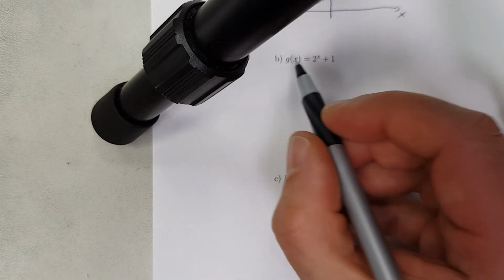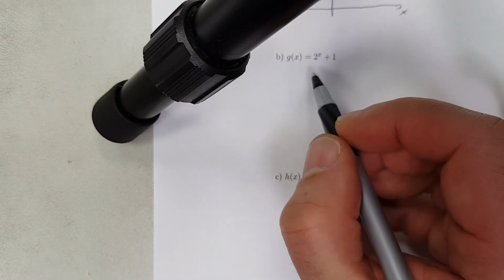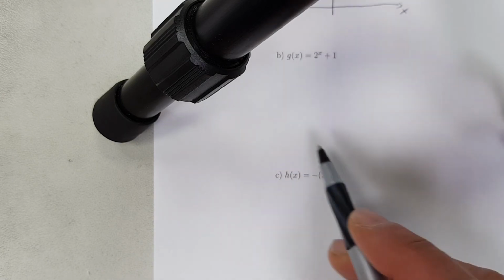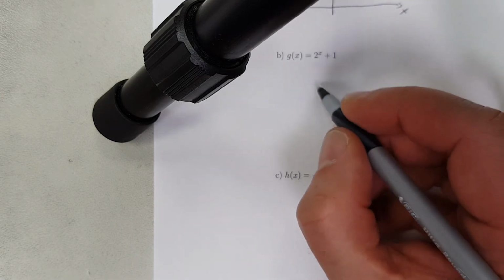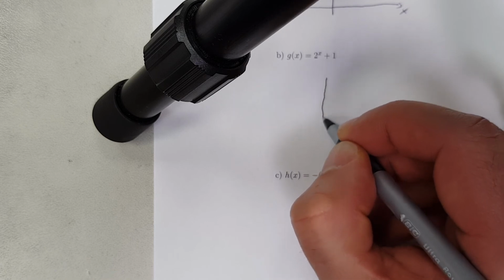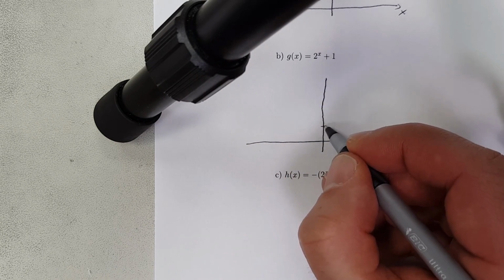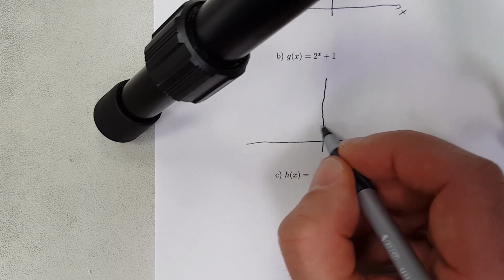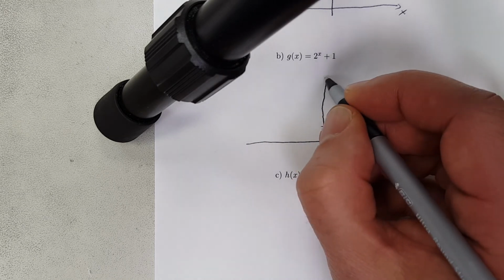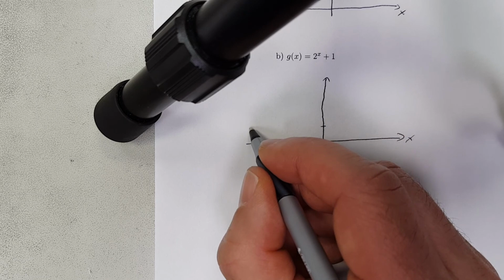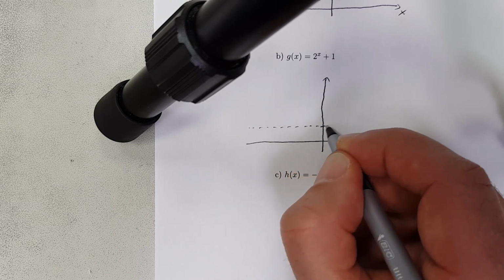If we have g of x equals 2 to the x plus 1, that's exactly the same graph we had originally, but we just shifted up 1 unit. So instead of approaching y equals 0, which is the x-axis, asymptotically, now we're approaching y equals 1.